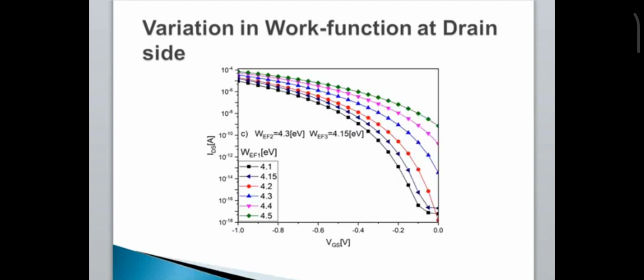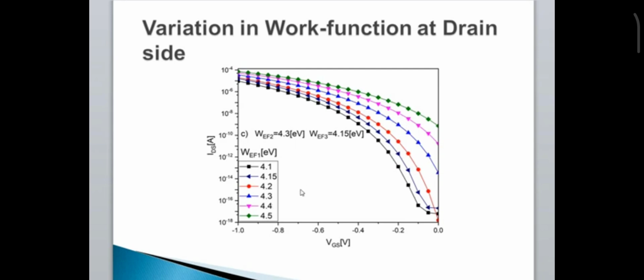Next is the variation in work function at the drain side. The figure shows the ID-VGS curve for WF1 varying between 4.1 to 4.5 electron volt. With an increase in WF1, the length of the tunnel path reduces at the drain channel interface, so that it will increase the ambipolar current in the device.